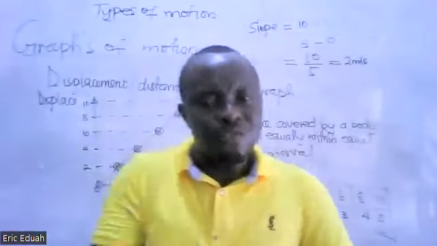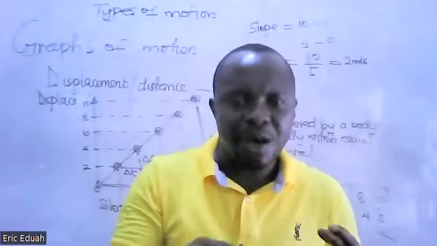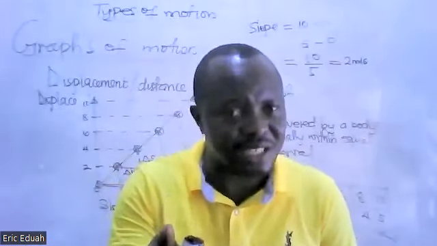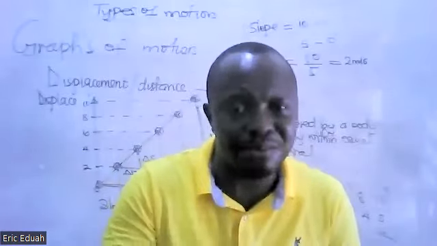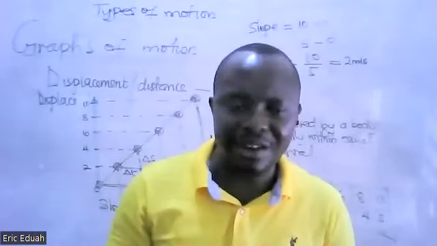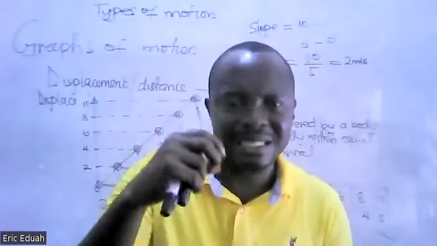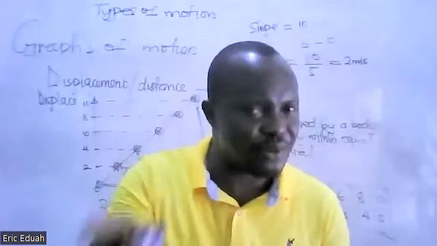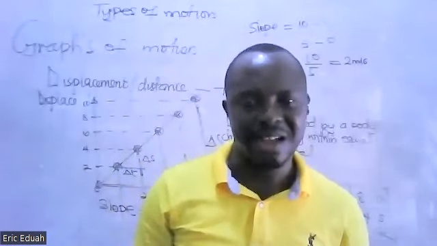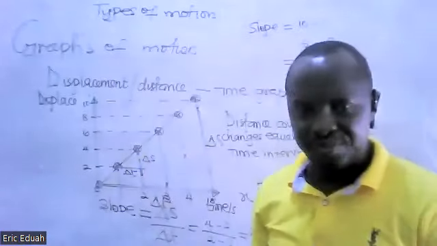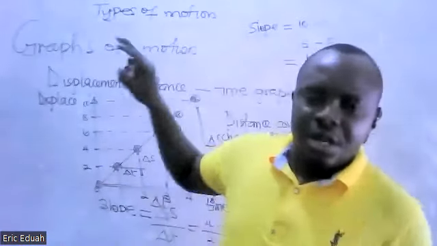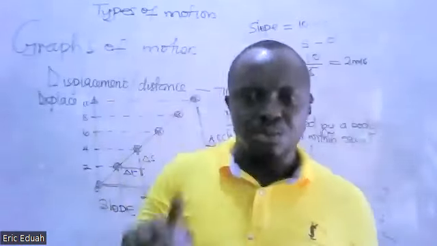In a uniform velocity motion, a body covers equal distances in a specified direction within equal time intervals. Are we fine? Please repeat. Okay. In a uniform velocity motion, a body covers equal distances within a specified direction within equal time intervals.